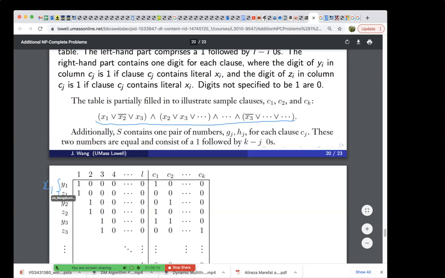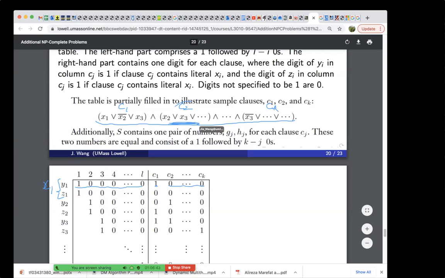And I know that the first part is 1 followed by L minus 1 zeros. So this is decimal. And then this is C1, this is C2, this is CK. I know x1 is in C1, so now I put 1 here. And then x1 doesn't appear, assuming it doesn't appear in any of these other clauses, so all of those are set to 0 because it's not in C2.